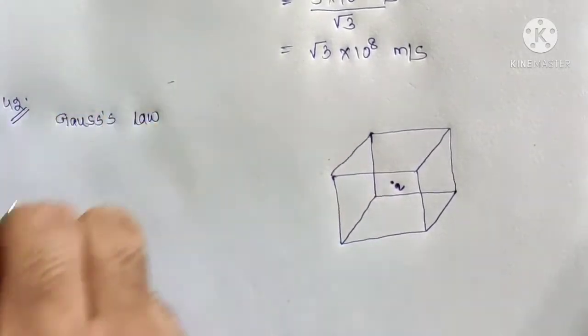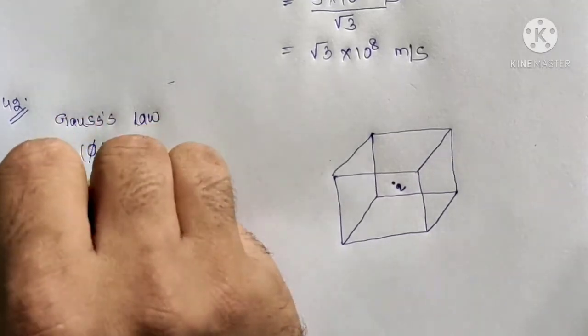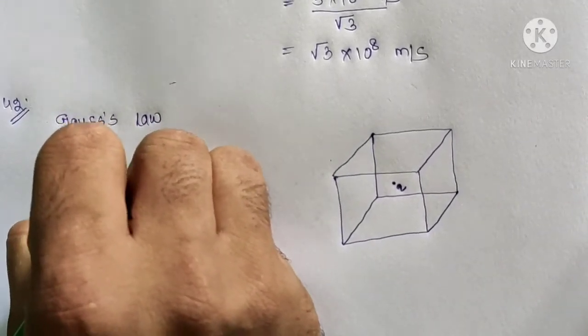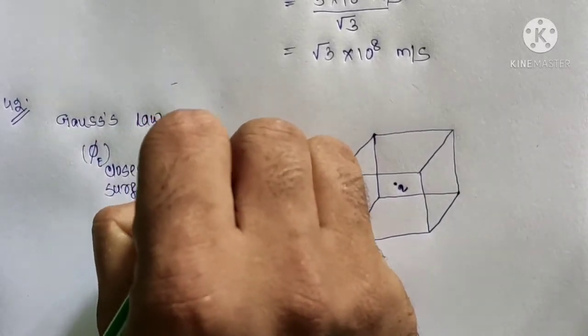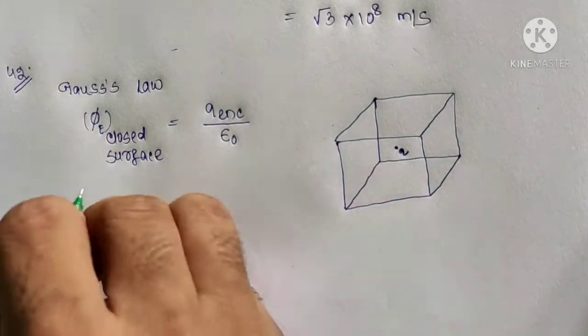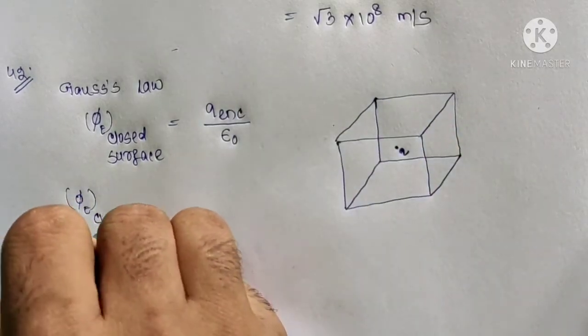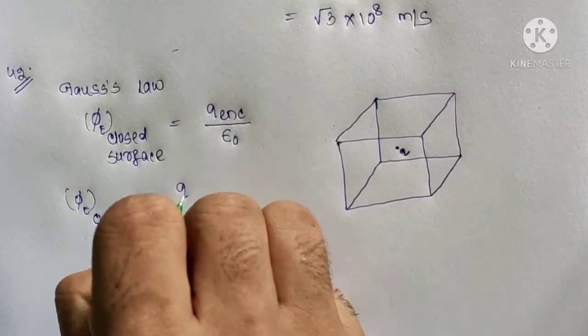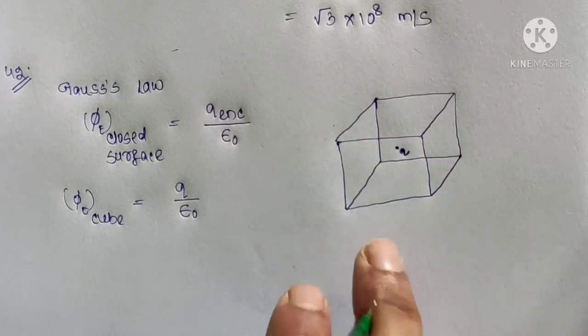we know that electric flux through a closed surface equals to charge enclosed by this surface divided by epsilon. So electric flux through this entire cube will be q by epsilon, but in the question it is asking about flux through one of its surfaces.